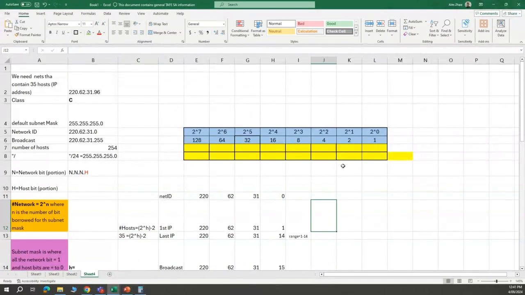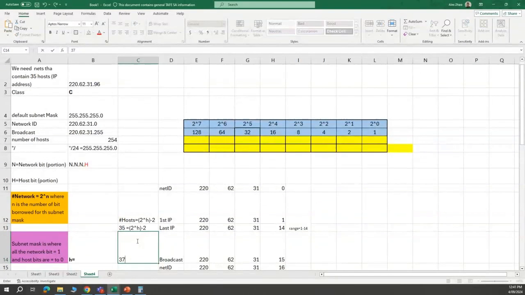So again, if we look across, it's the same binary numbers, isn't it? 2 to something. We need 35 hosts. So if we straighten out this formula, it's really 37 equals 2 to the power of h. So we're looking for 37. 2 to something equals 37.